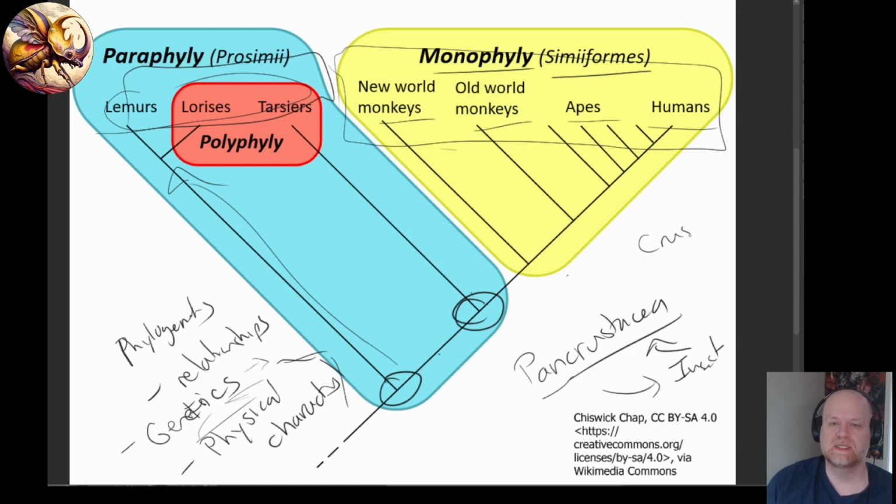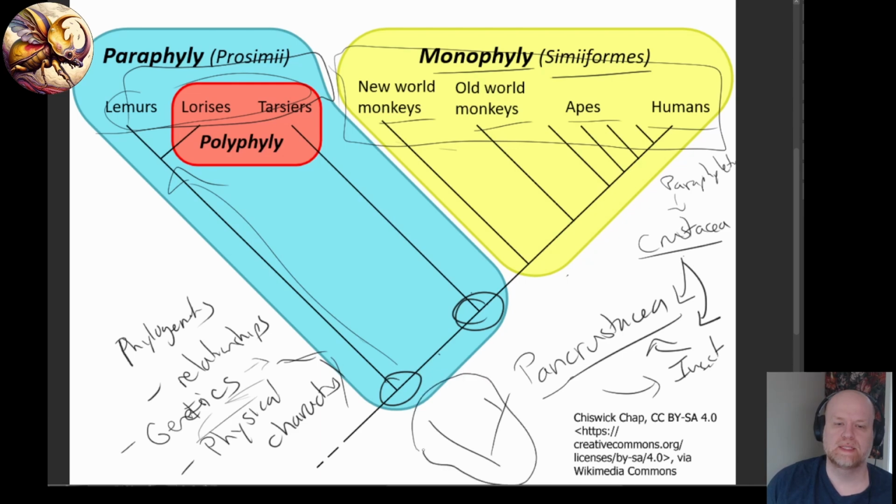So when we talk about crustaceans, Crustacea is a paraphyletic group. Because it doesn't include everything in the crustaceans, but it does include some of the things that are very closely related to the insects, and so you end up with a diagram where like this is the crustaceans and these are the insects, which is what you see here with the prosimians and the Simiformes here.